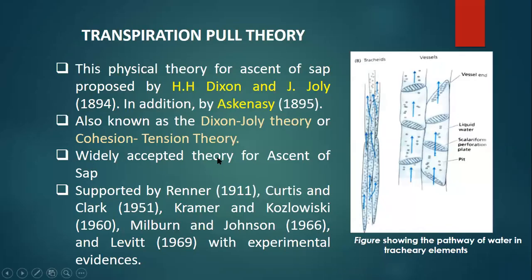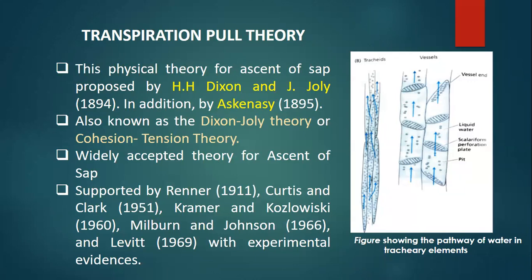So, transpiration pull theory. This theory for ascent of sap was proposed by Dixon and Joly way back in 1894. At the same time, Askenasy also discovered this process in 1895.